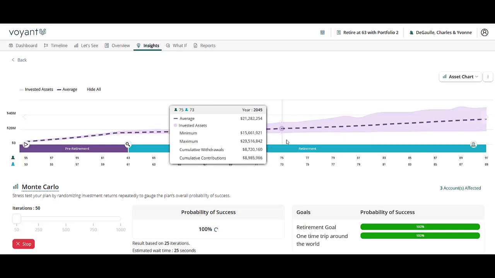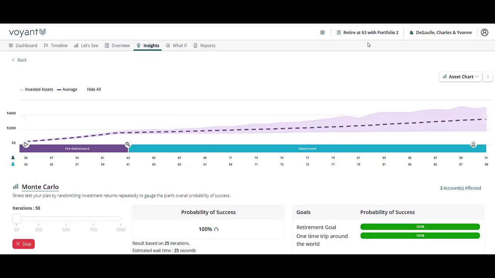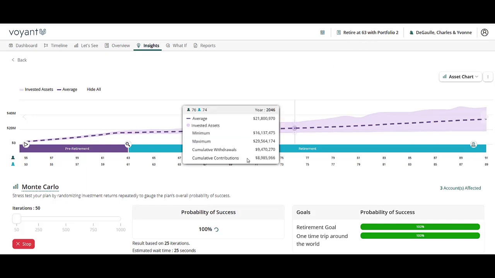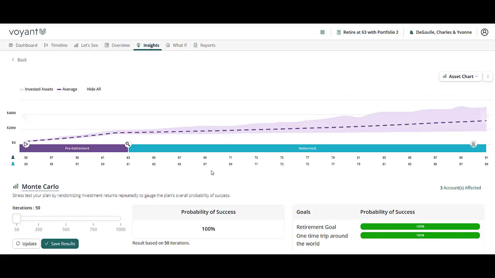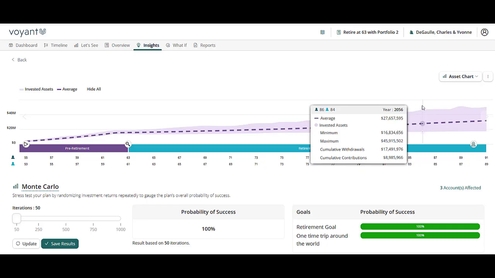Once you've run the Monte Carlo on the second version of the plan, we can see here on this version of the Monte Carlo, this plan has 100% probability of success with portfolio 2, so we can compare and contrast those two outcomes and make a decision with our clients based on that information.